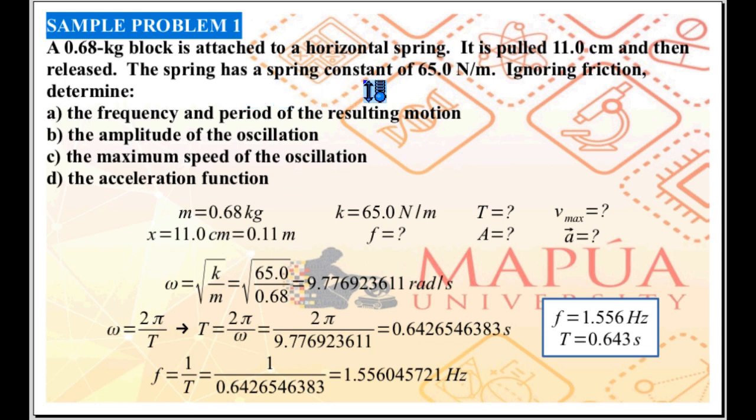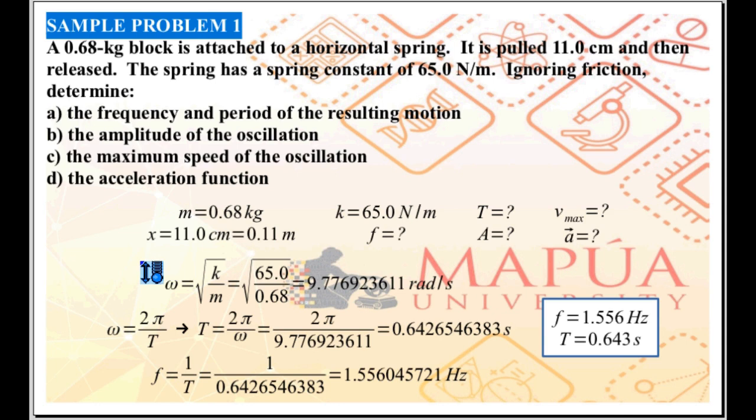The spring has a constant of 65 Newton per meter. Let that be our spring constant K. We are looking for the frequency of the vibratory motion, the period, the amplitude of the oscillation, the maximum speed of the oscillation, so Vmax, and the acceleration function A.